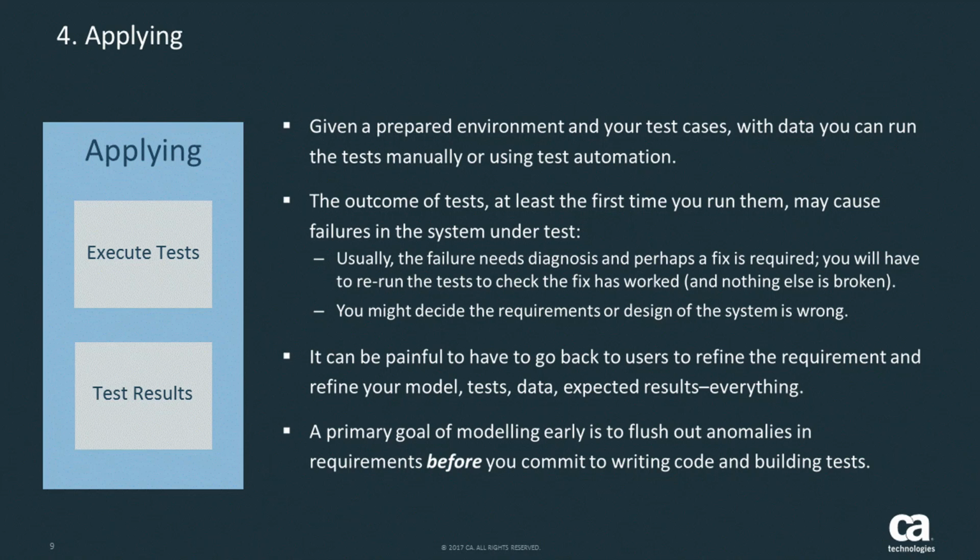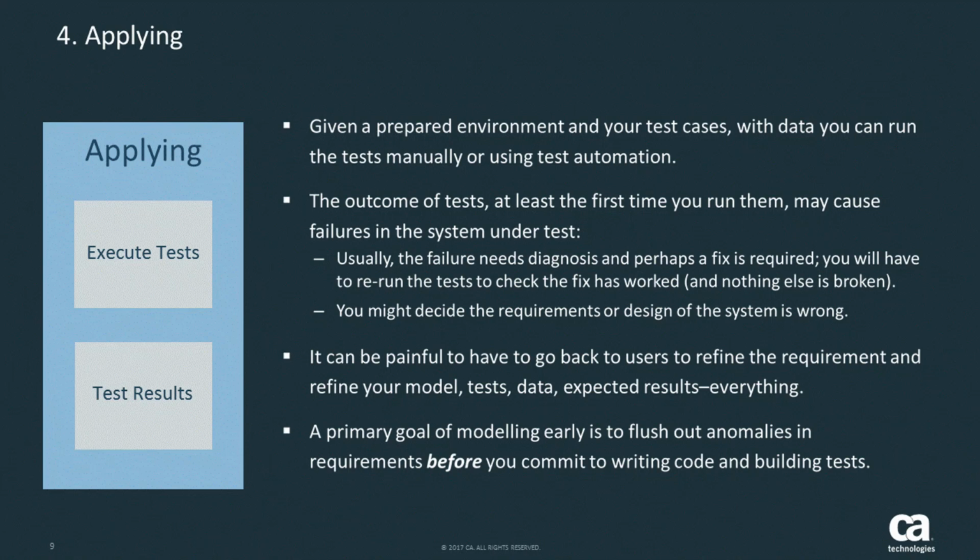So you might have to go back to the users and ask questions that cause some concern, like we made a mistake a month ago when we decided this was the requirement and this was the model and these were the valid paths. It could be that you have to go back and refine the model in some way to align with a better requirement, or for the model to align better with the requirement.